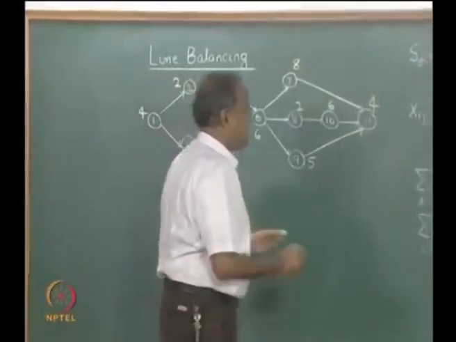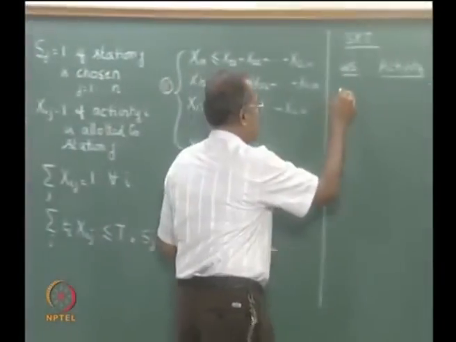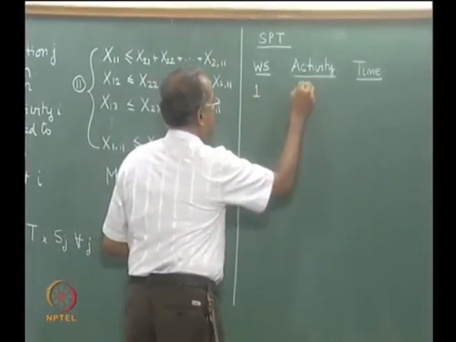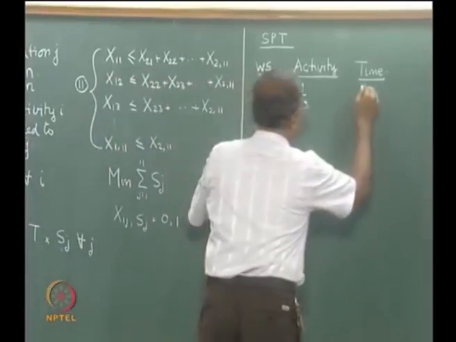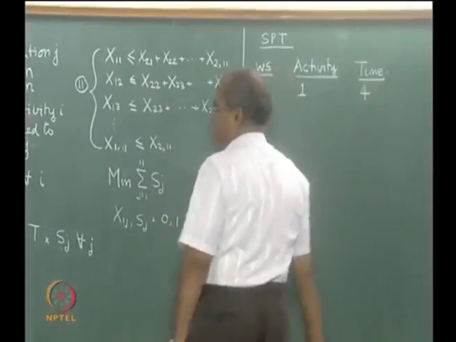So we start with activity 1, which goes to workstation number 1. We assign activity 1, and activity 1 has processing time equal to 4.